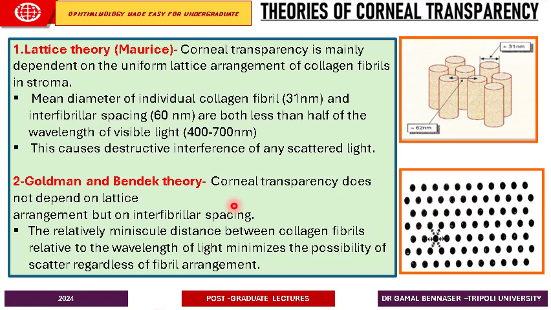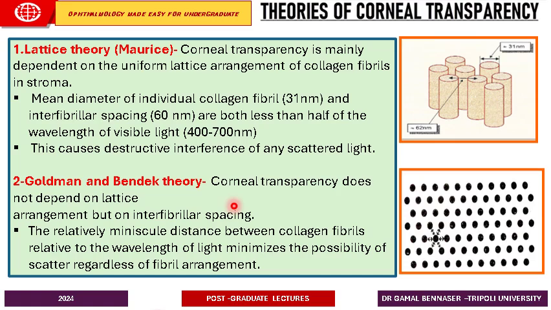Now, another theory that tries to explain this says that it is not related to the lattice arrangement of the collagen fibers, but it is mainly dependent on the interfibrillar spacing between these small collagen fibrils. And this small distance minimizes the possibility of scattering regardless of the specific arrangement of the collagen fibers.